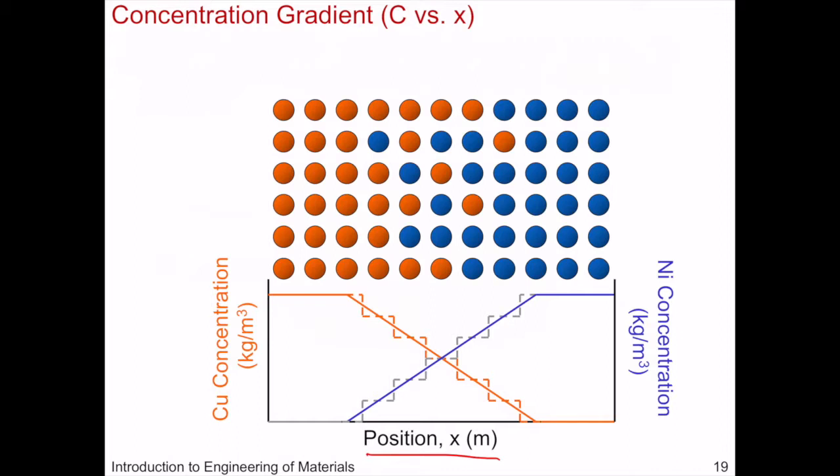You can also plot the concentration of nickel atoms versus the x direction. And so you can see here, there's a lot of copper atoms on the left and fewer copper atoms going towards the right. And so you could show that with this curve here. You could do the same thing to represent the nickel concentration, and that decreases from right to left, as you can see here in the diagram.